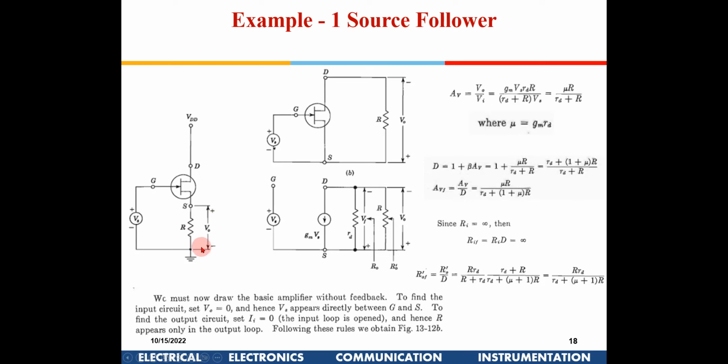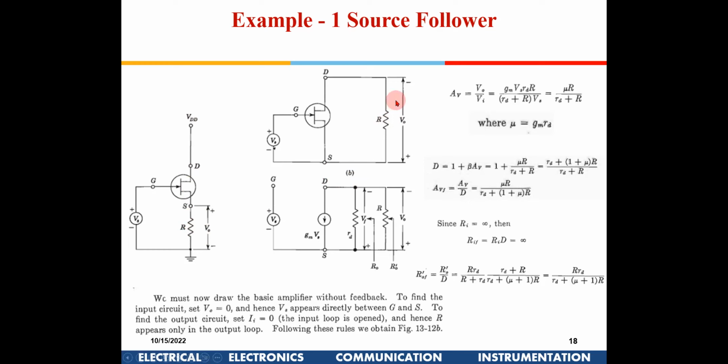Short the output means we'll short this, so R is removed here from the input side. For the output side, if it is a voltage source, I will open it. If I open it, no current is flowing in this particular branch. But from the output side, this R will still be there. So that R is put here. Is it okay?